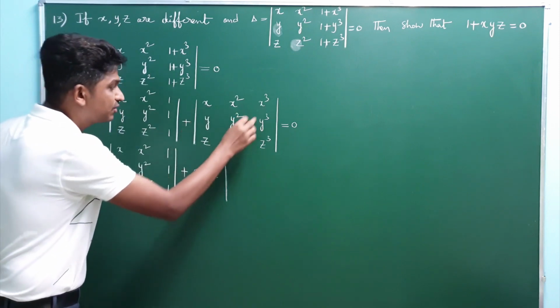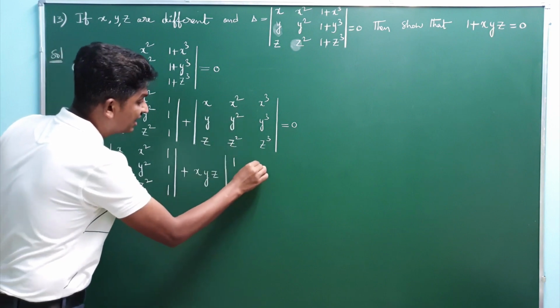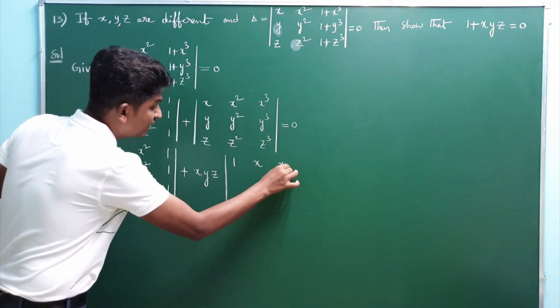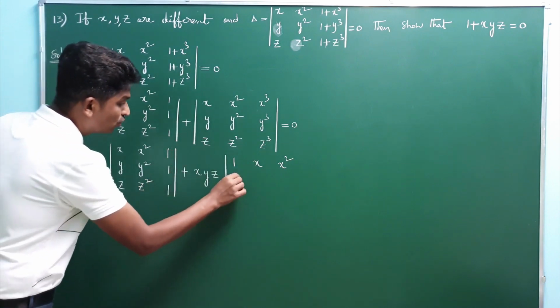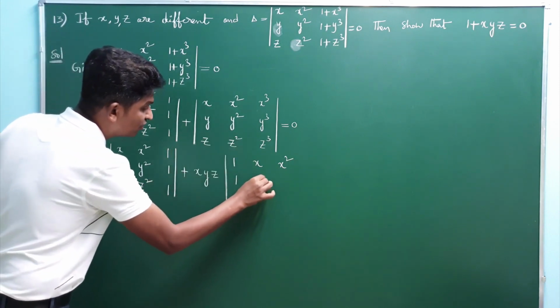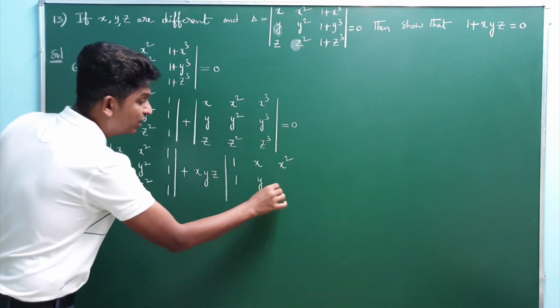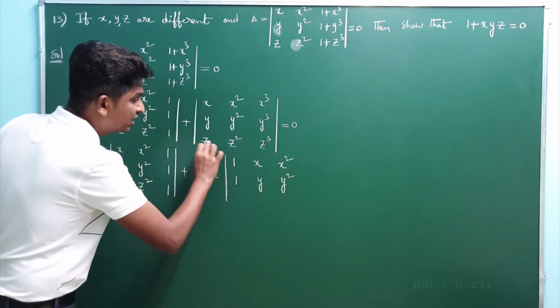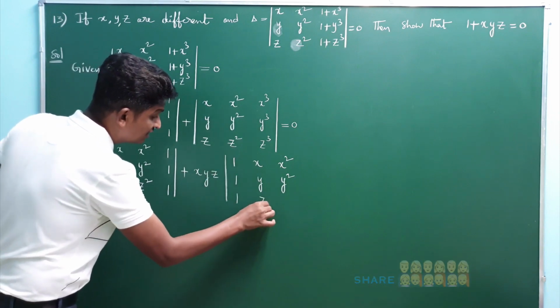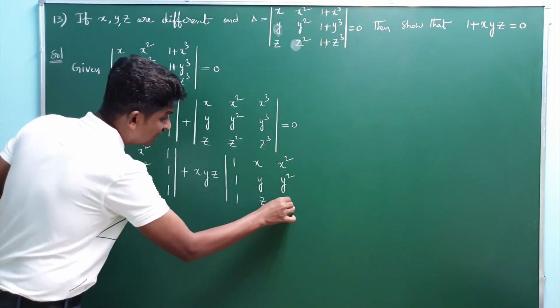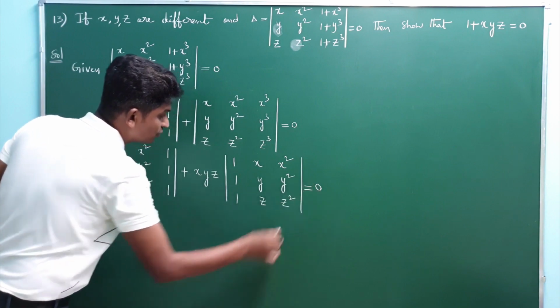If you take x common from the first row, 1 x square you will get. If you take y common from the second row, what you will get? 1. As you have taken y common here, 1 y remaining. As you have taken y common here, y square will be remaining. If you take z common from the third row, what is remaining? 1 z z square equal to 0.